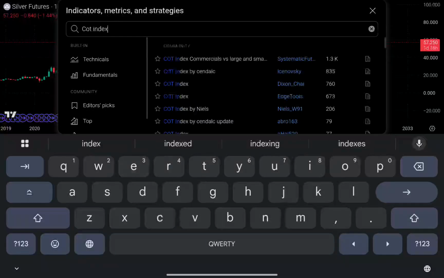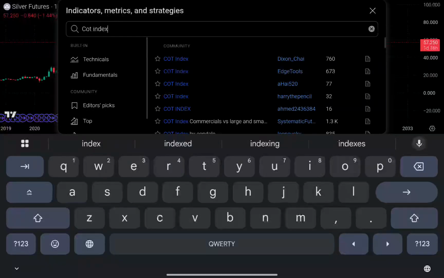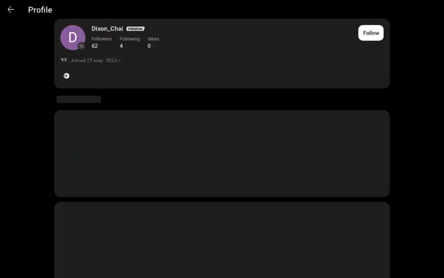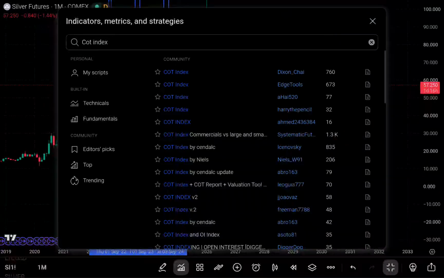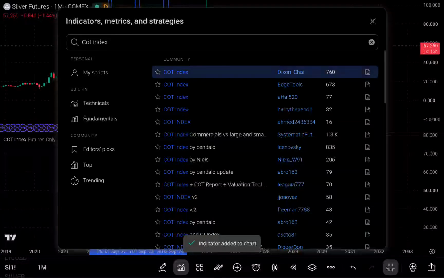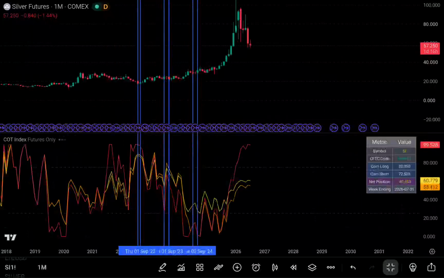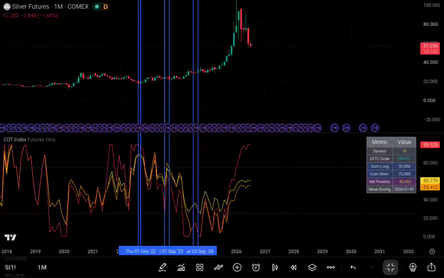This is what I use. There are many other options. I go with Dixon Chai. I pressed on it, and it's added to my graph. As you can see, it's COT index futures only.